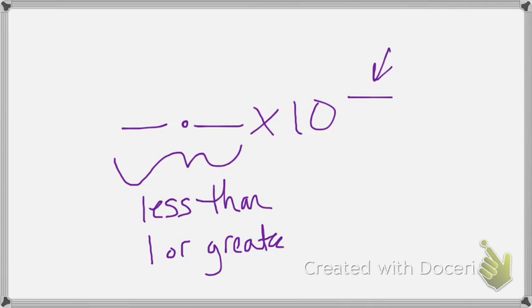The value up here, your exponent, can be positive or negative, and the sign is going to tell you if your value written in scientific notation is a very large value or a very small value, just by looking at the sign. Something with a negative exponent would be a value less than 1. Something with a positive exponent is going to be greater than 1. So we have to fit this format right here.